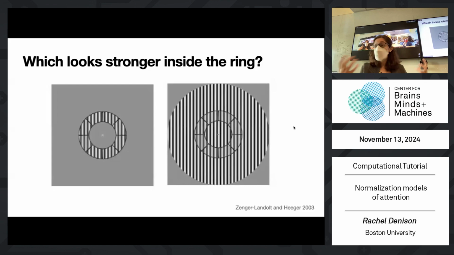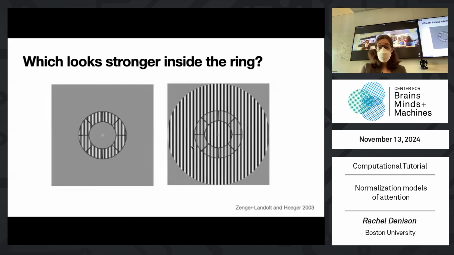But now we're in contrast. This is the contrast of the gratings, that is, how bright are the whites and how dark are the darks. And we see that when we put this around here, suddenly this ring is looking dimmer. We can see this with our eyes happening, this kind of surround suppression or normalization.